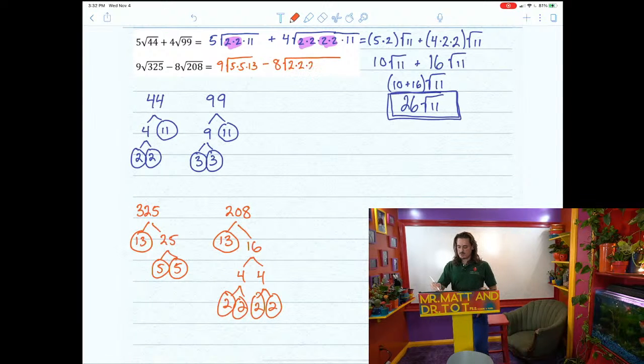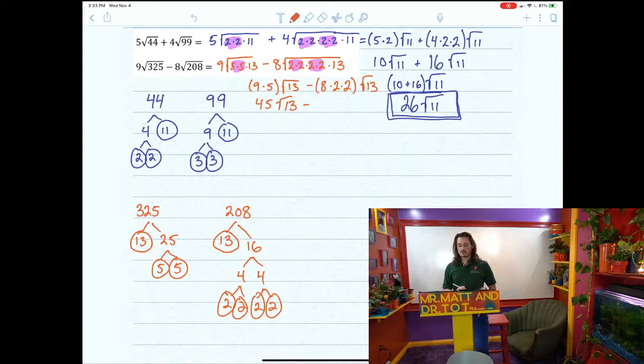Again, for each pair underneath, we can take 1 outside. So this is going to simplify into 9 times 5 times the square root of 13 minus 8 times 2 times 2 times the square root of 13. 9 times 5 is 45. 8 times 2 is 16. 16 times 2 is 32.